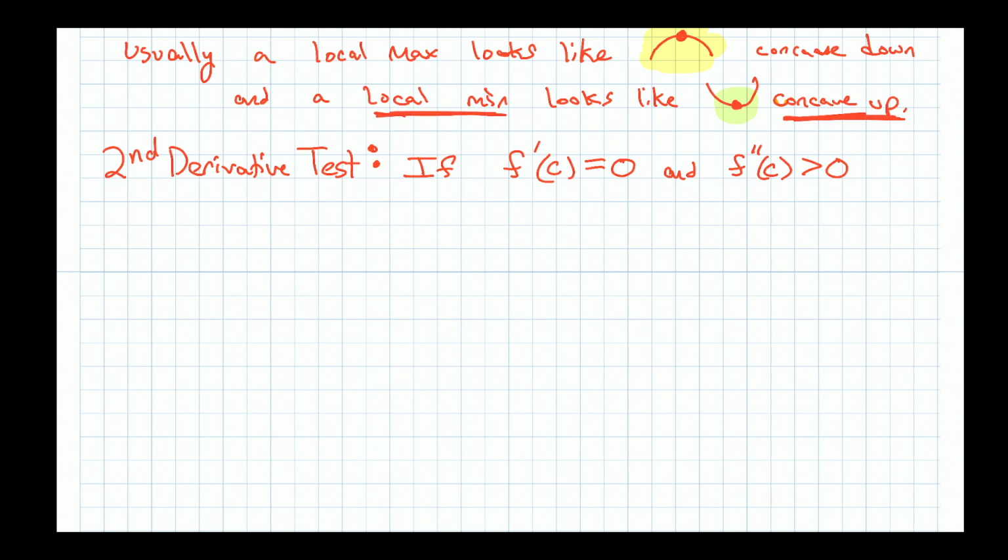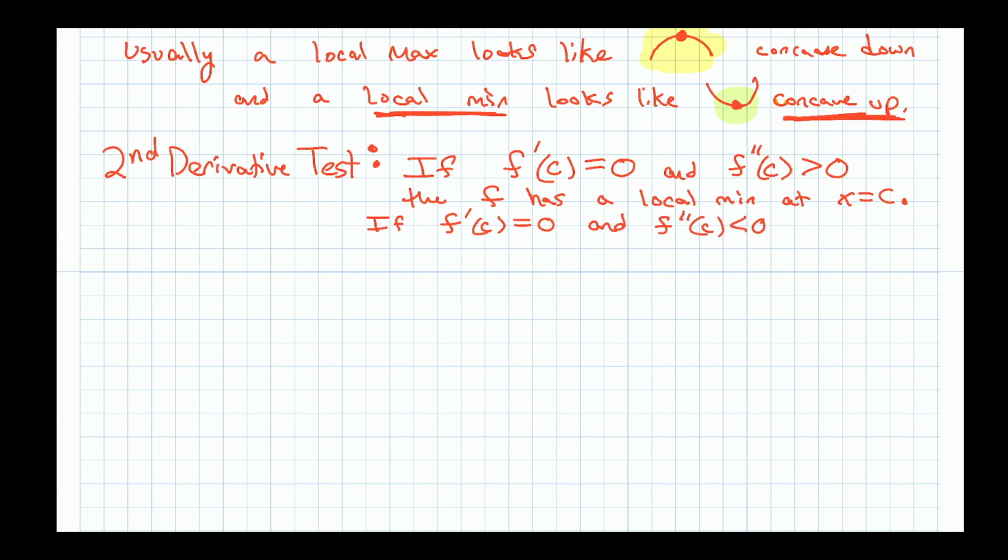So if f double prime is positive, then f has a local minimum at x equals c. And of course, the other way around is going to be your maximum. So if f prime of c equals 0 and f double prime of c is less than 0, then f has a local maximum at x equals c.